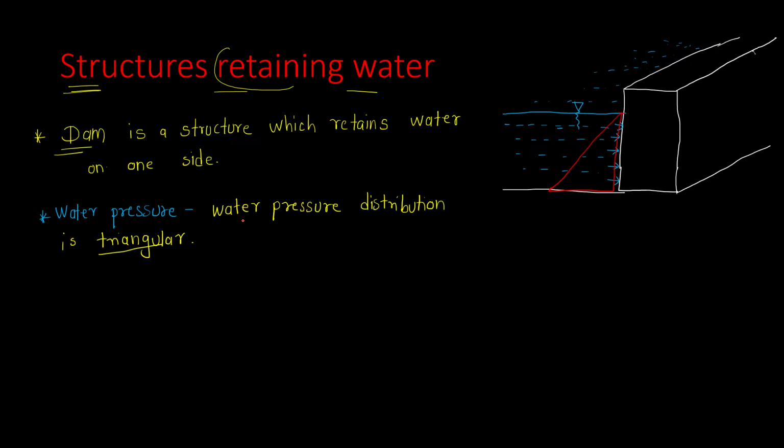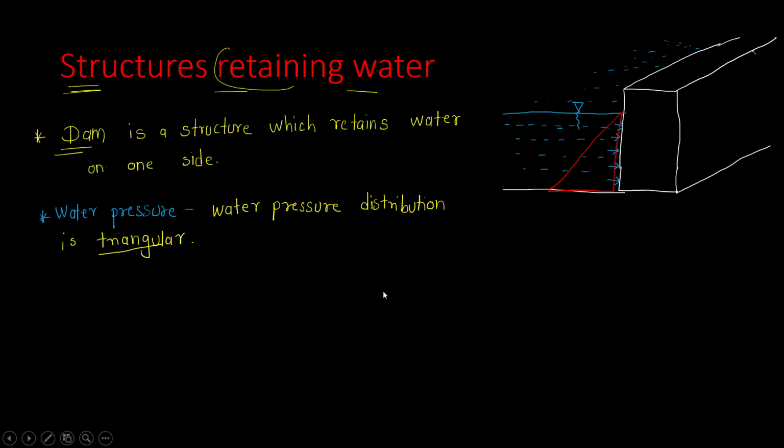Hence the water pressure distribution is triangular. That means the pressure at the top surface is 0, and the pressure at the bottom surface is equal to gamma into small h.